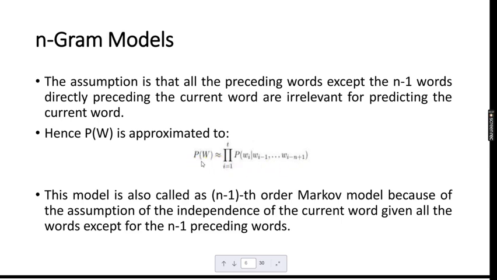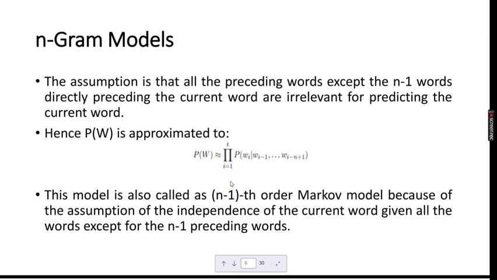The current word probability is based on the previous words, but we cannot say it is equal, it is approximated. There may or may not be the possibility of predicting the current word from the previous words. For example, if the probability of the current word based on the previous words is 90%, there is another 10% chance of getting another word, so we cannot say it is equal, it is approximated.